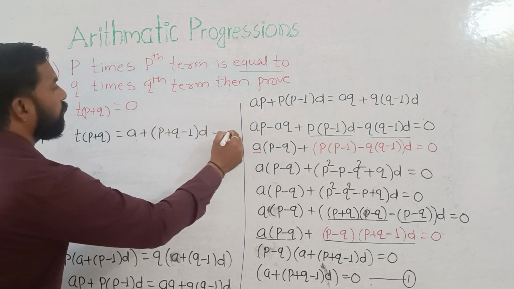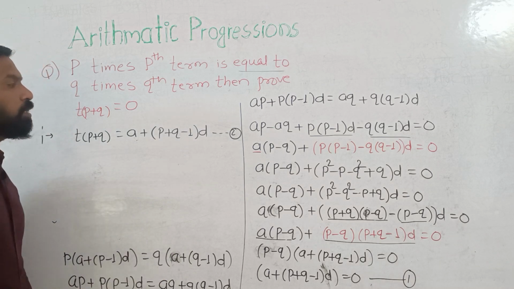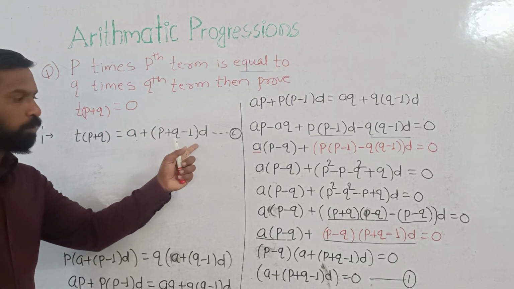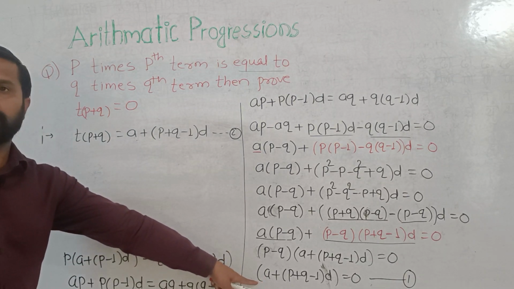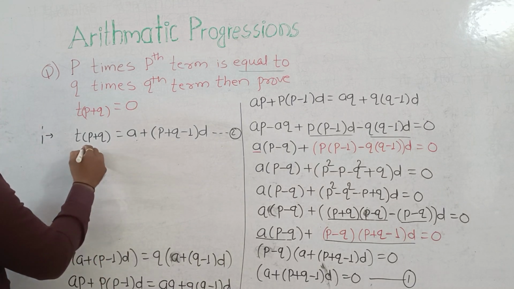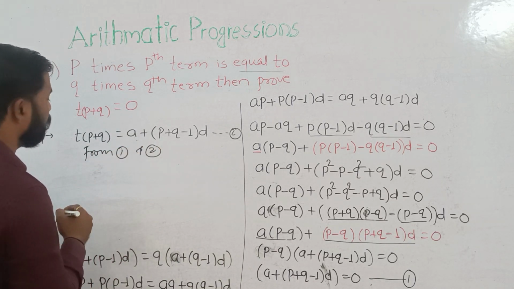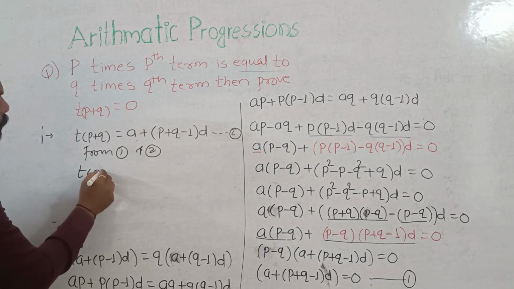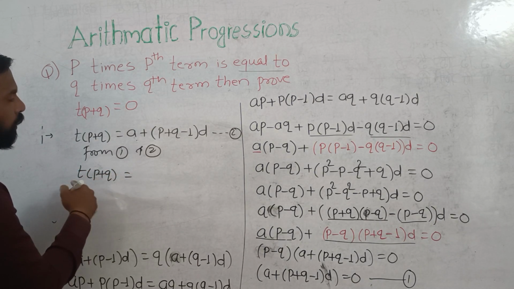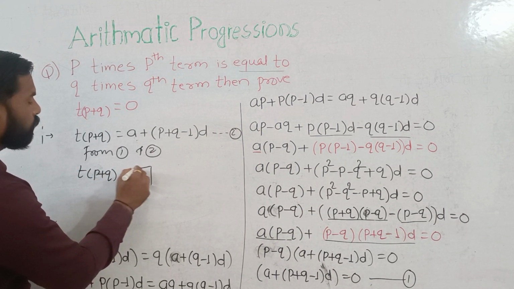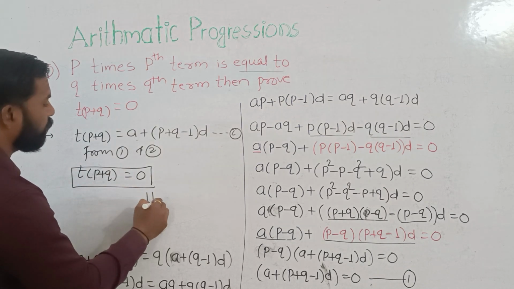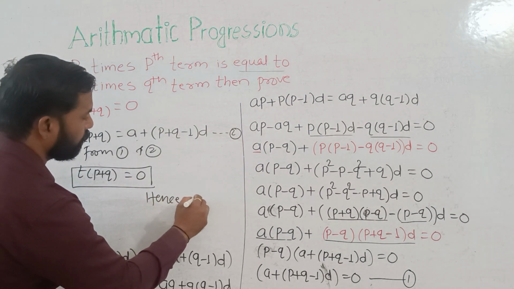It is number 2. What is the value of A plus P plus Q minus 1 into D in 1? 0. So here directly you can write from 1 and 2: T of P plus Q, the P plus Qth term, is equal to 0, and hence proved.